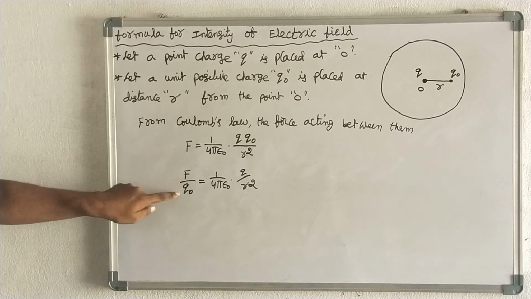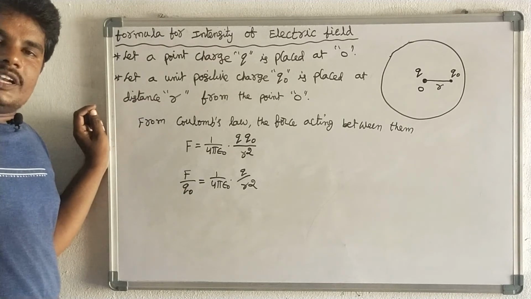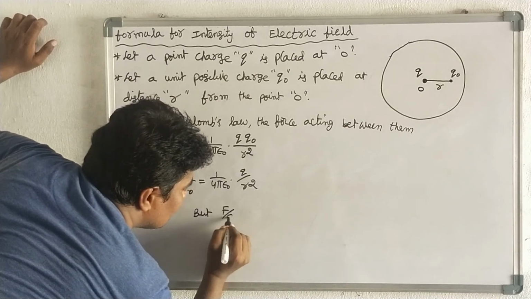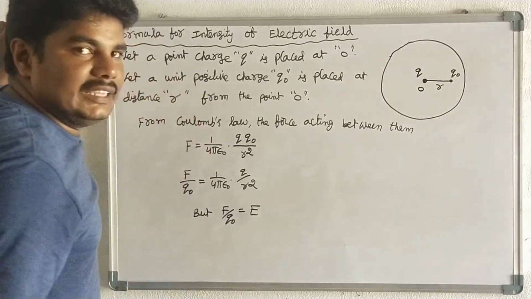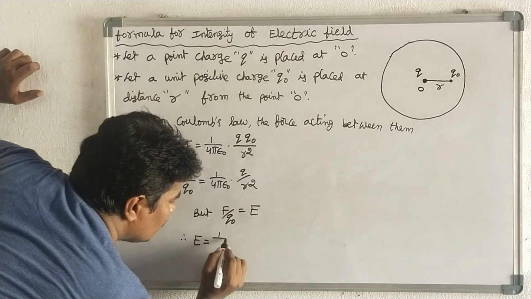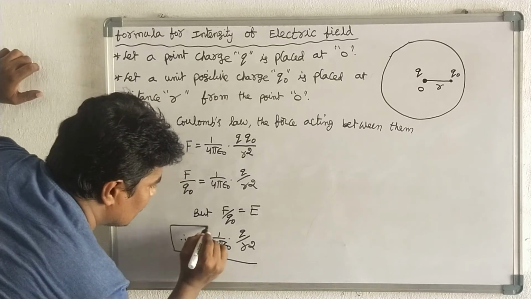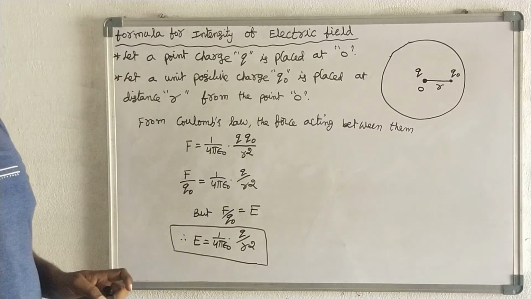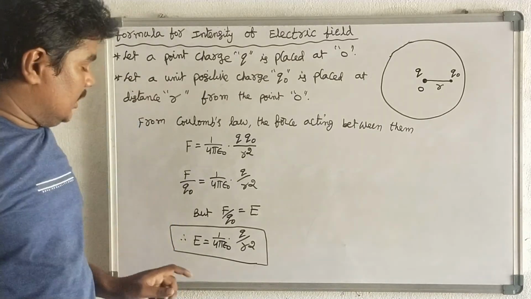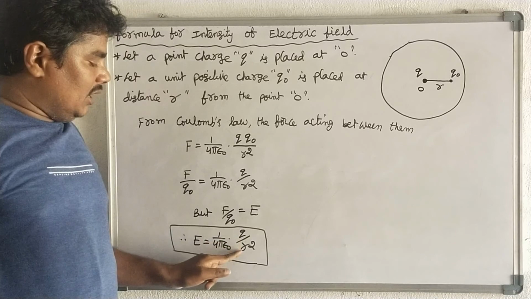The force experienced by the unit positive charge is called intensity of electric field, represented by E. So F by Q0 is equal to E. Therefore, E is equal to 1 by 4 pi epsilon naught into Q by R square. This is the formula for intensity of electric field.